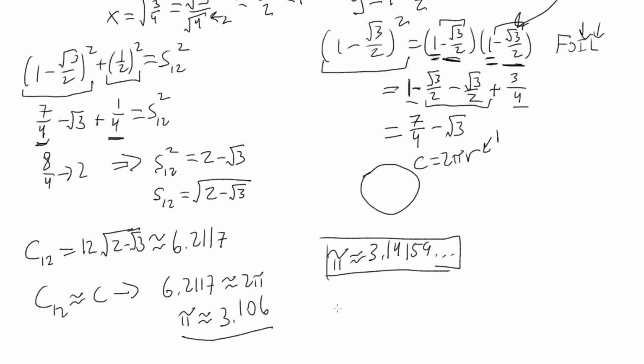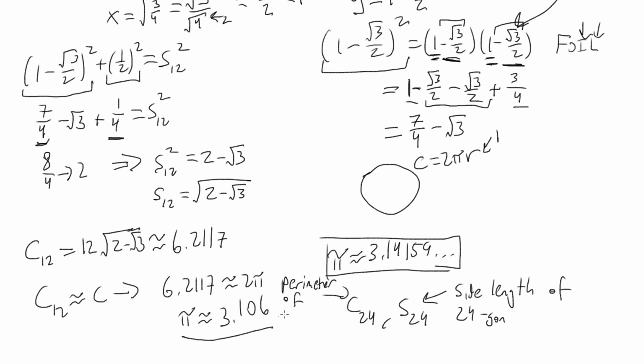So the next step would be to find what C24 is by finding S24, where this is the side length of the 24-gon. And then this would be the perimeter of the 24-gon. And this method you can apply as many times as you want.